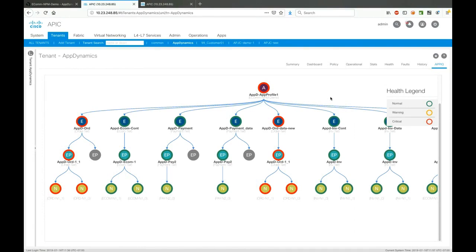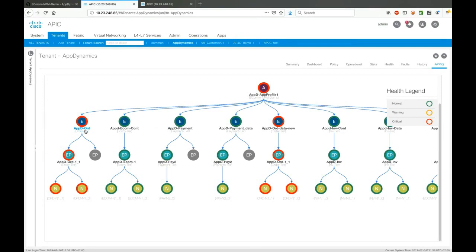Think about a scenario where you want to change some configuration on a networking element. You want to know if any change that I make is affecting the application in a positive way or a negative way. This integration can provide you with that. So if you want to change some configuration on the AppDynamics endpoint group or any policy related to it, you can go ahead and change it and see within this tool itself, after a certain time, whether it is negatively affecting the performance of the application.